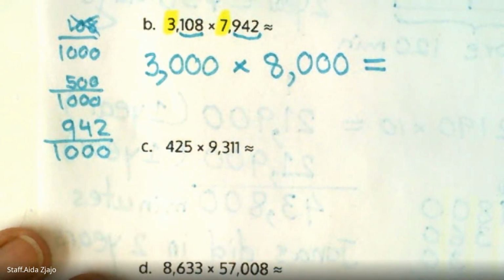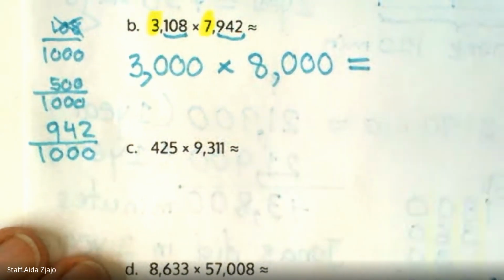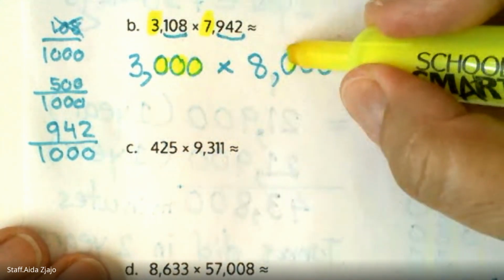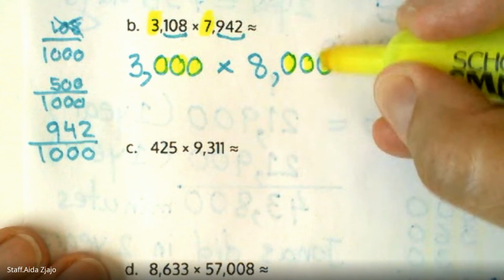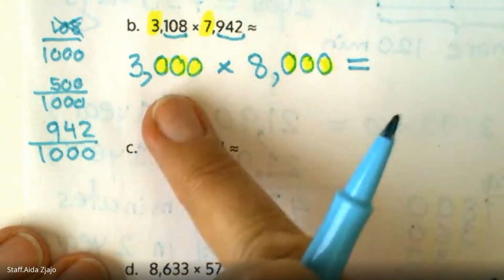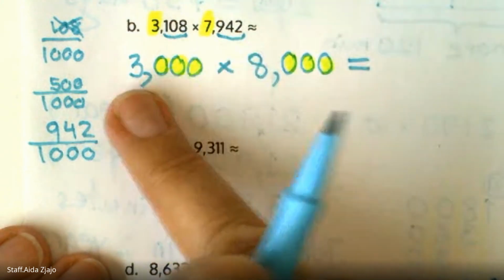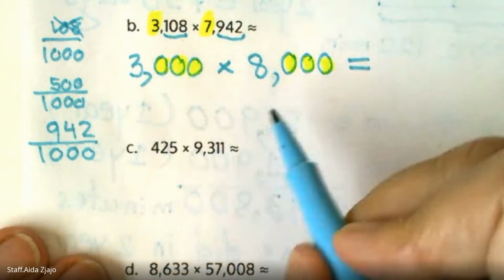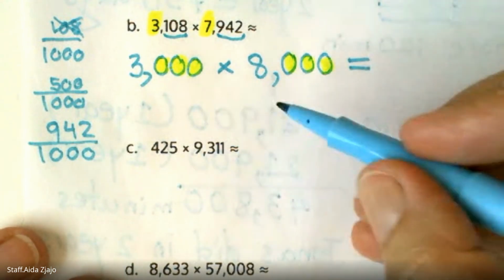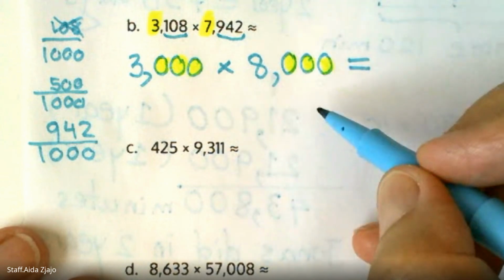So now my estimate, these are thousands, and when you multiply 1,000 times 1,000, that is millions. So your answer has to be in the millions. It's going to have 6 zeros plus the digits from 3 times 8. If you don't know what 3 times 8 is, you can break 8 into 5 and 3.